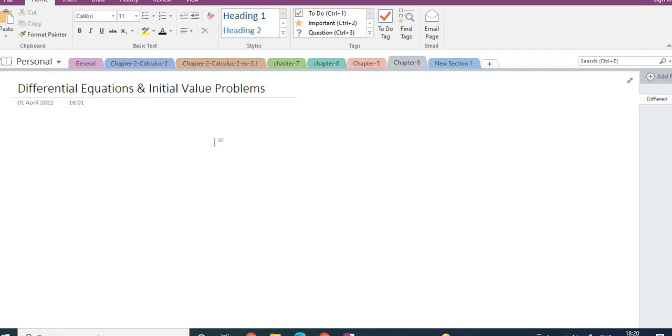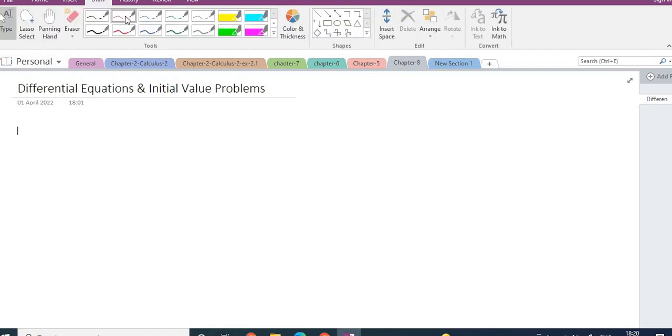Now I am going to tell you how to check what is an ordinary differential equation and what is other. We will not discuss any other. Suppose a function y is equal to f(x) is given, that means here x is the independent variable.